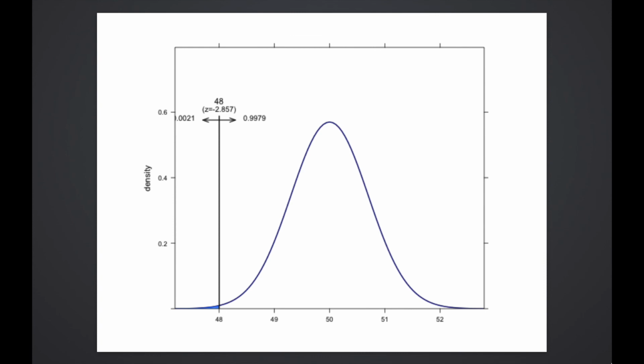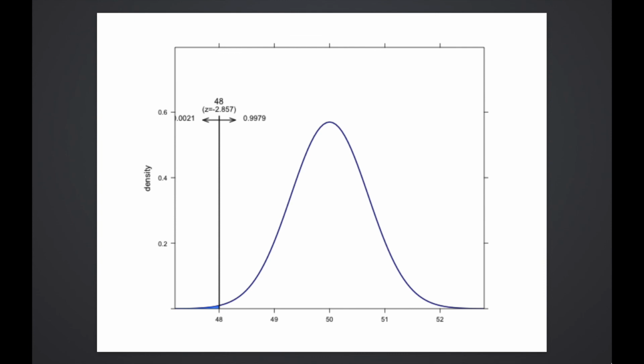So the central limit theorem tells us that the sampling distribution of sample means is going to be approximately normal if we take samples of sufficiently large sizes and our samples are random. So this is a normal distribution centered on the mean that's hypothesized in our null hypothesis, 50, and with a standard deviation equal to the standard error that we just calculated, 0.7.